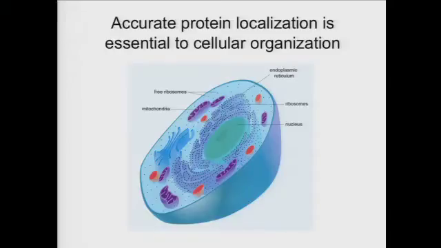So, a constant challenge for life is to fight against entropy and build an amazing degree of order and organization. And part of that order and organization derives from the compartmentalization of all the cellular contents into different subcellular organelles.